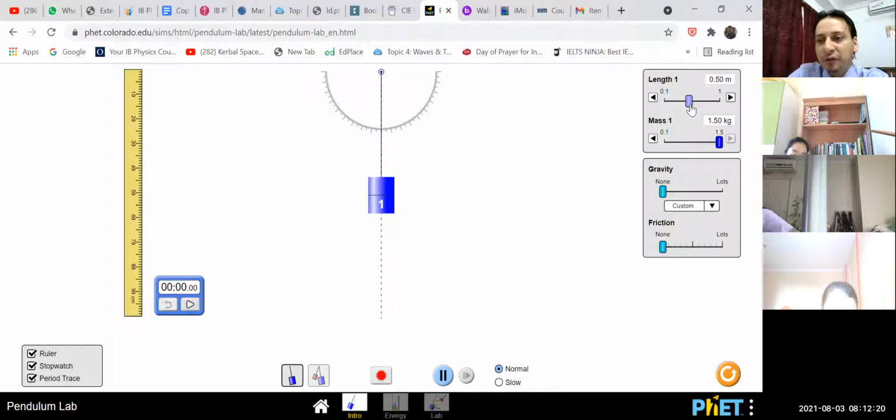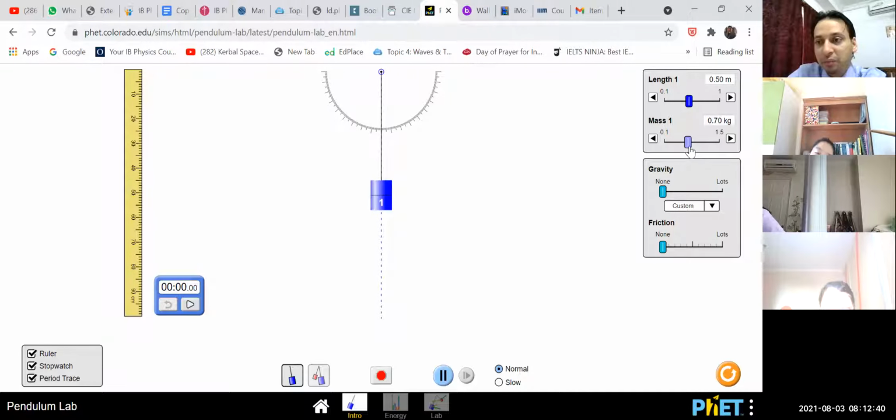Initially, I want to start this experiment with a length of 0.50 meter. Now you can see, students, the length is 0.50 meter. And I also want to change the mass.